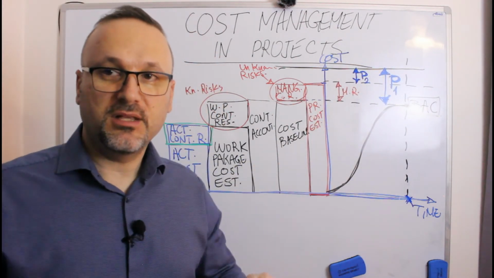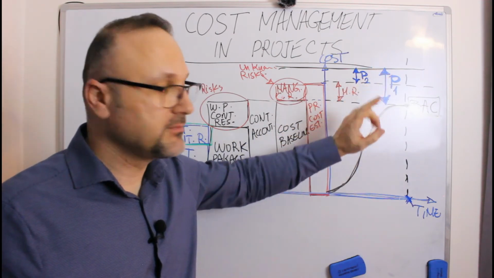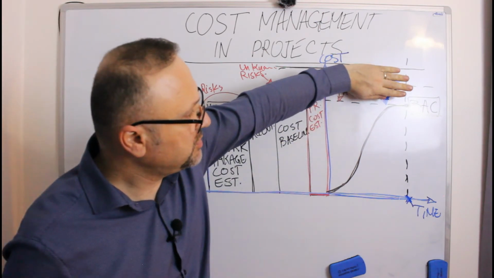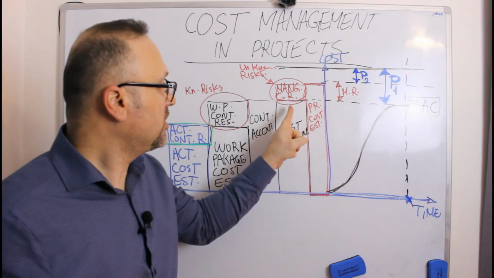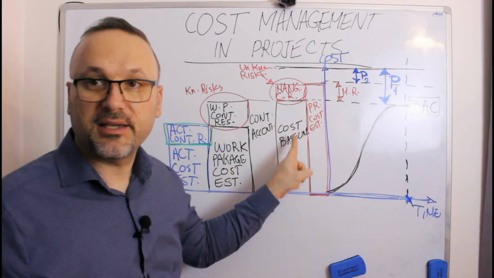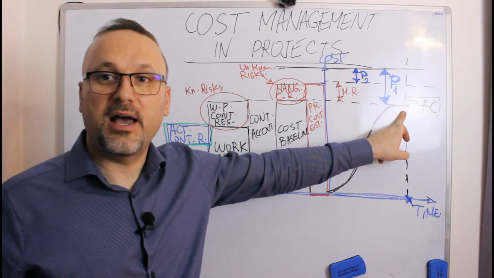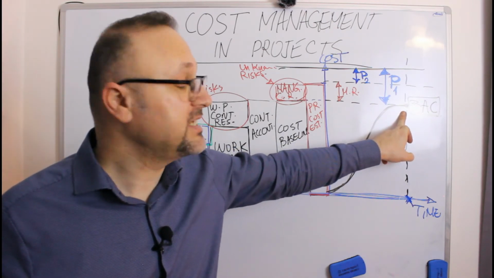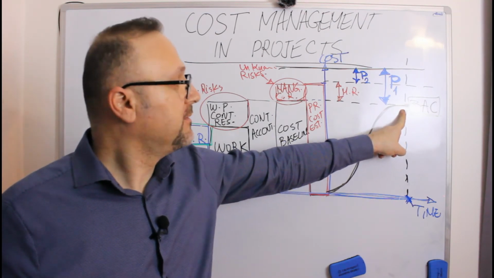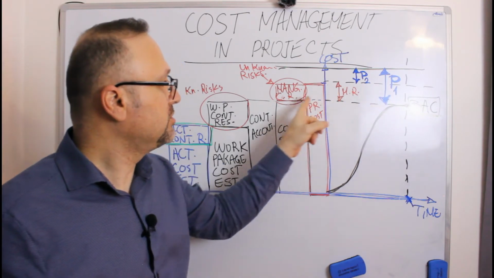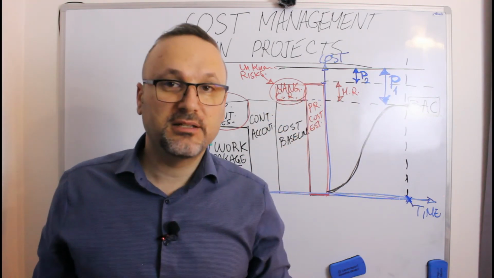But that doesn't mean for you as a project manager that you have the tolerance. For you as a project manager, you should work only for the budget at completion. You work only for the cost baseline. Once you face any unestimated risk, you should not take it from your management reserve, because management reserve is not under your control.